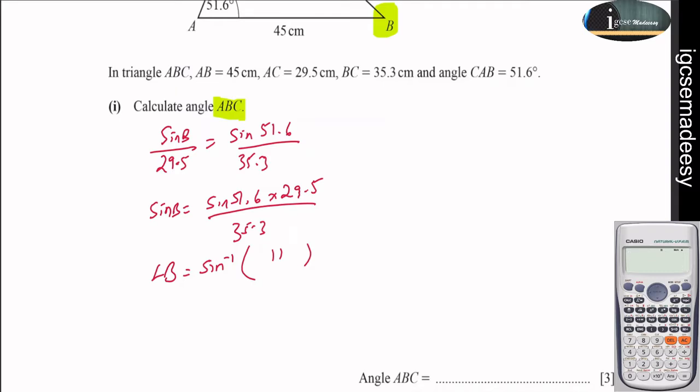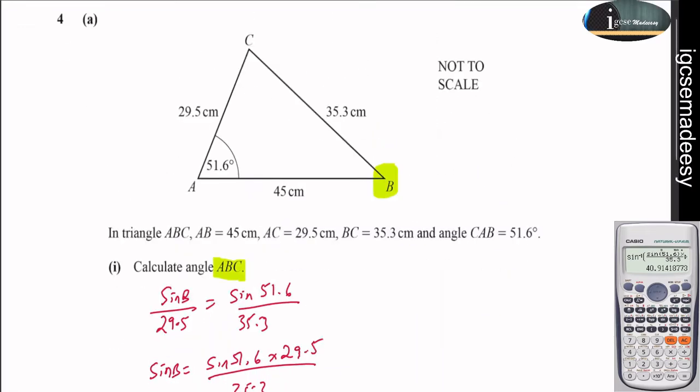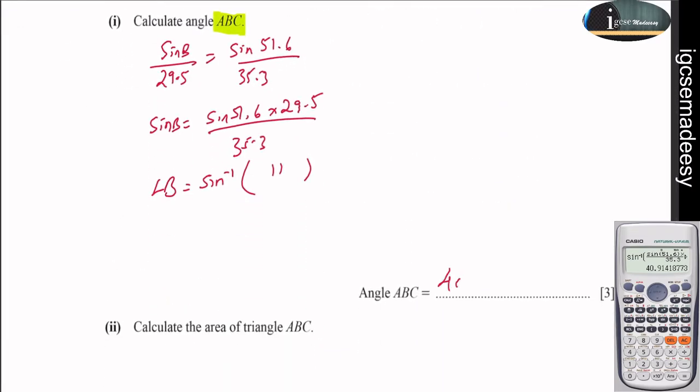Sine inverse of, shift sine, sine inverse of sine 51.6 bracket close times 29.5 divided by 35.3, bracket close gives you the answer 40.9. So yeah, 40.9 you can write is the angle B.